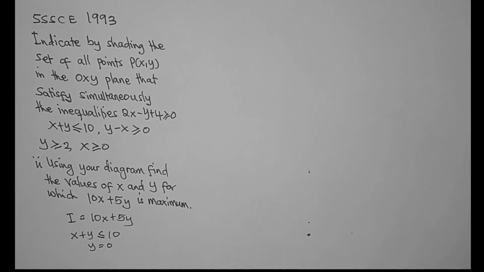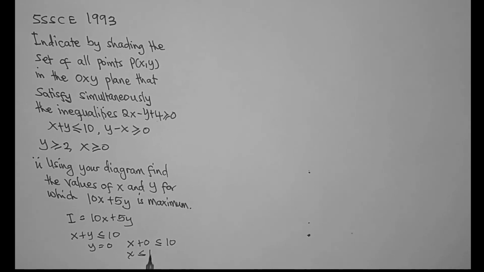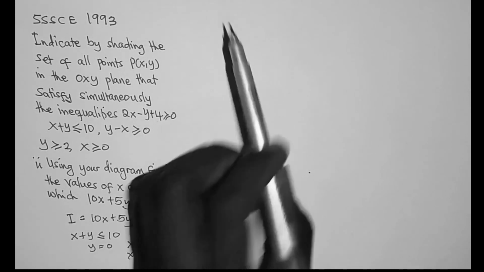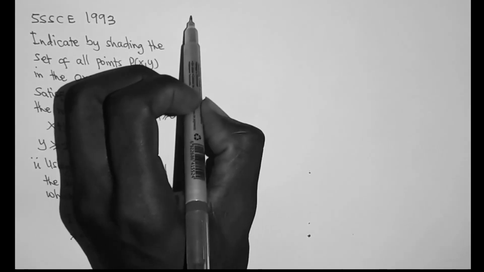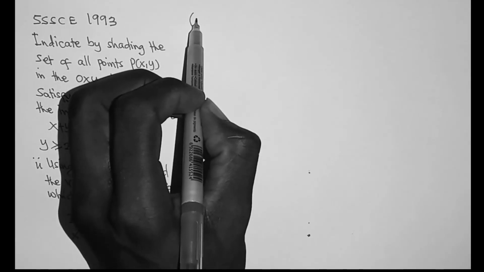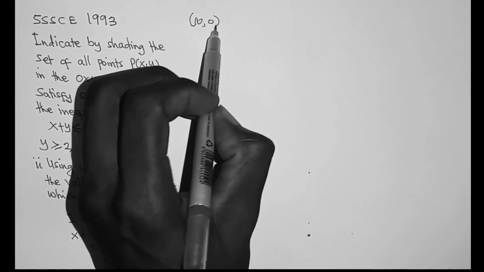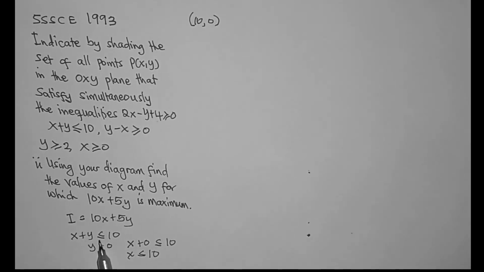If we put y equals 0 into this inequality, x plus 0 is less than or equal to 10, so x is less than or equal to 10. So we have the point 10, 0 on this constraint.